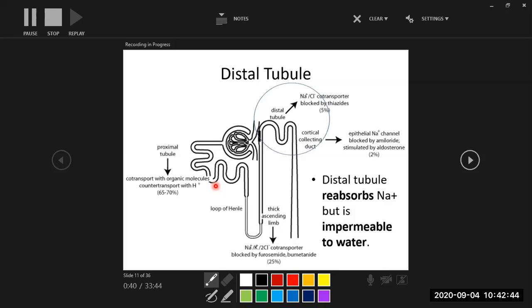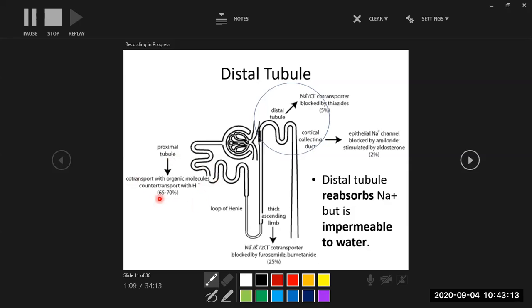At the same time we also reabsorb this good, usable stuff back to our body. Here we also have the exchanger with the hydrogen, and the purpose here is to reabsorb the bicarbonate. We secrete hydrogen, and in exchange we reabsorb bicarbonate.